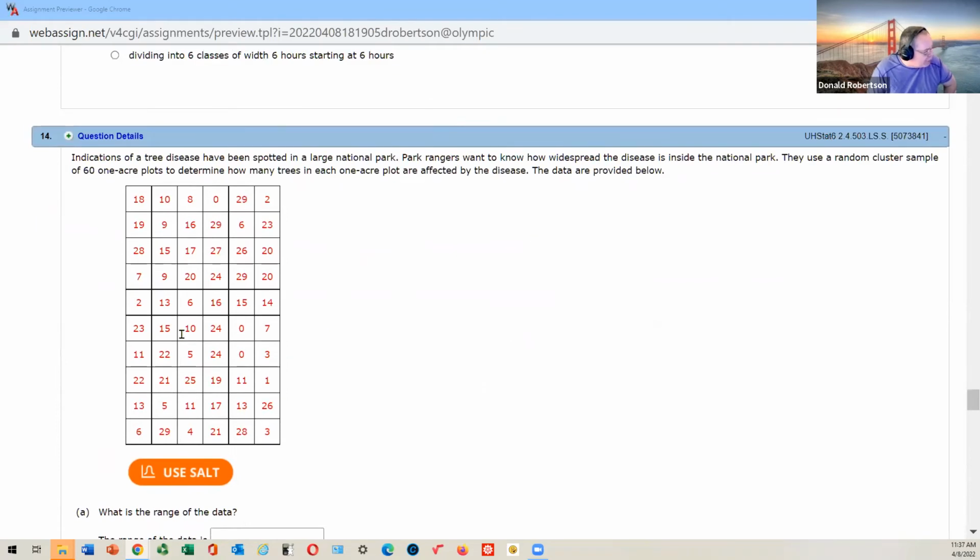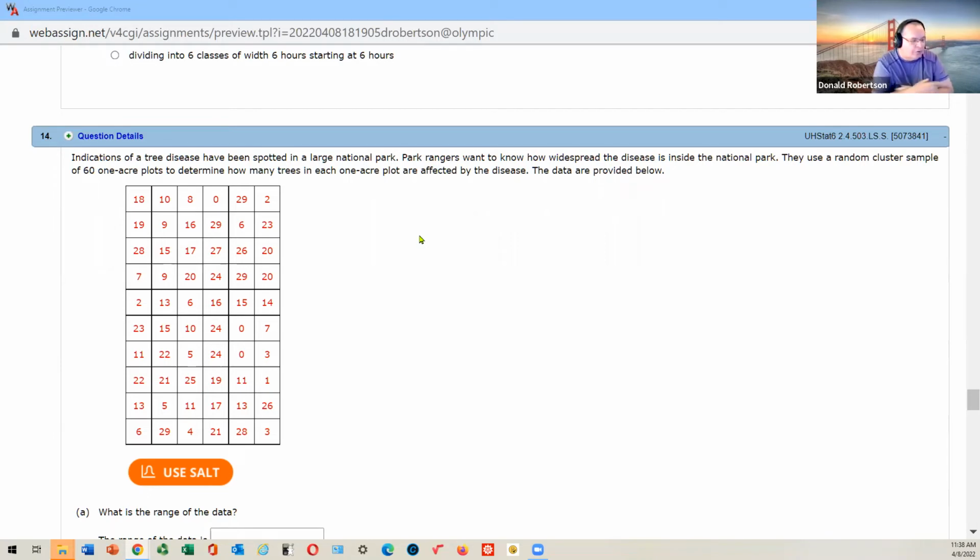Now, in this one, you've got a little bit more work to do, but in this set of data, thankfully, SALT's going to do almost all of it for us. Indications of a tree disease have been spotted in a large national forest. Park rangers want to know how widespread the disease is inside the national park, and they use a random cluster sample of 60-acre plots to determine how many trees are in each.